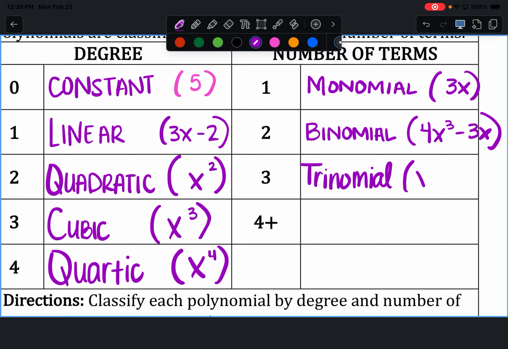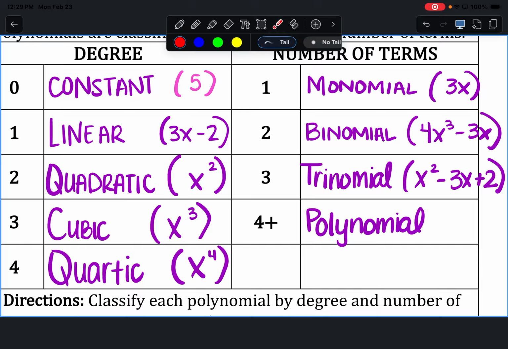So we could have x squared minus 3x plus 2. And if it has 4 or more terms, it is referred to as a polynomial because poly means many. You can use the word polynomial to describe all of these things, but when it gets to 4 or more, you can only use polynomial. Whereas with 1, 2, or 3, you can use a more specific name like monomial, binomial, or trinomial.